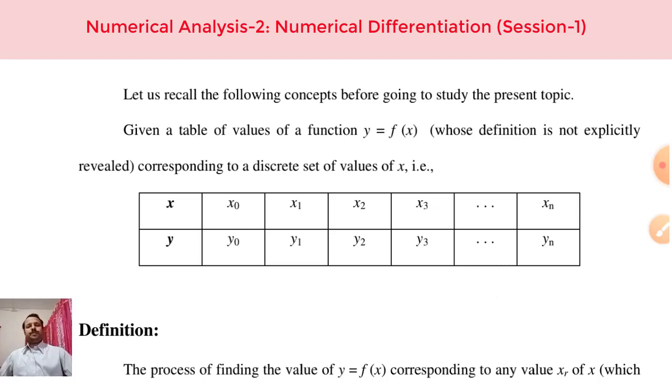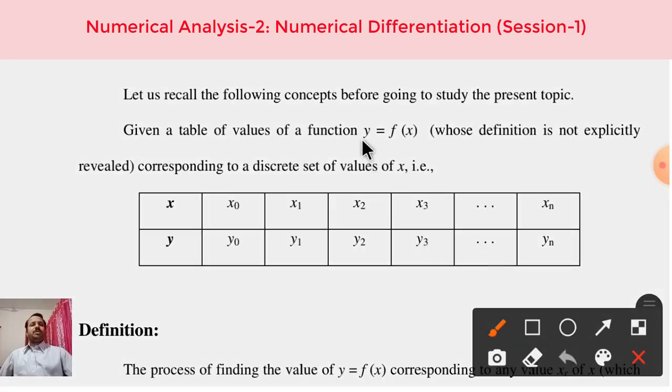For example, we have a function y equal to f of x. Here the variable y is a dependent variable. It depends on the independent variable, that is x.